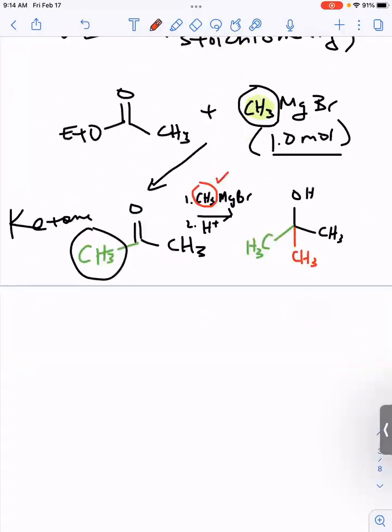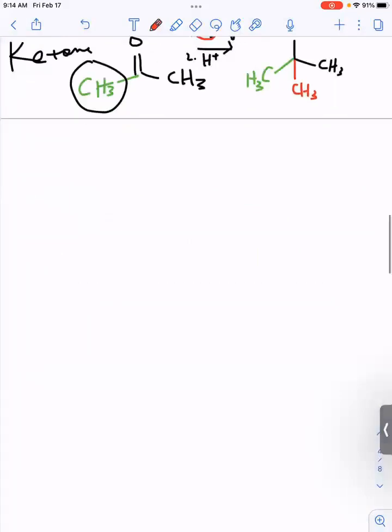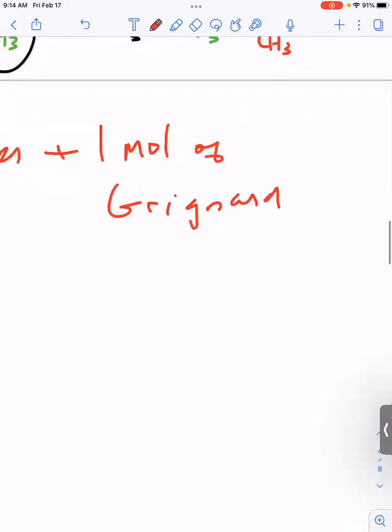All right. So with the ester, the outcome depends on the stoichiometry. With the ester plus 1 mole of Grignard, that's going to give me a ketone.